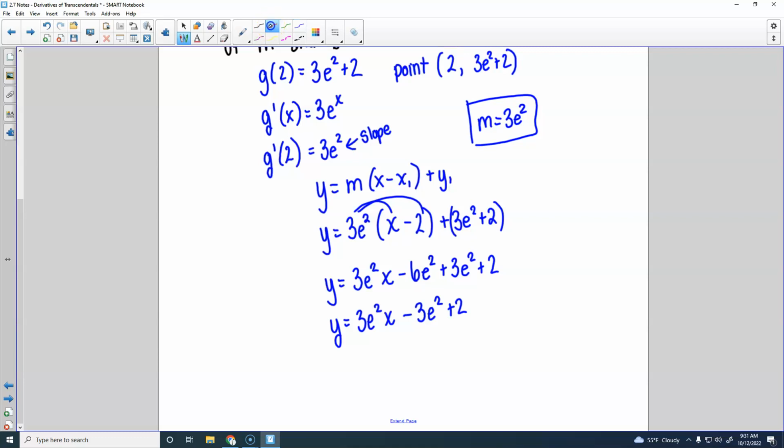So it's ugly, but we already said that 3e squared, that's our slope. Then you've got your x right here, and then it's going to be plus the b. All of this stuff right here is your b. So b would equal negative 3e squared plus 2.